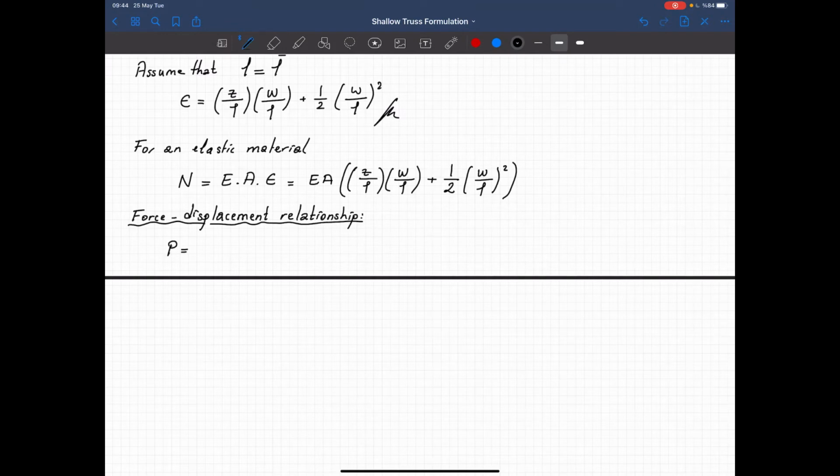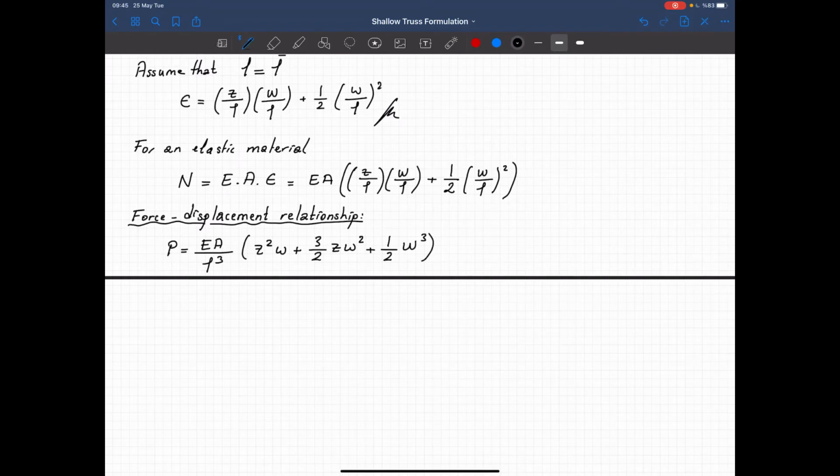P is equal to EA over L cubed, I got Z squared W plus 3 over 2 Z W squared plus 1 over 2 W cubed.